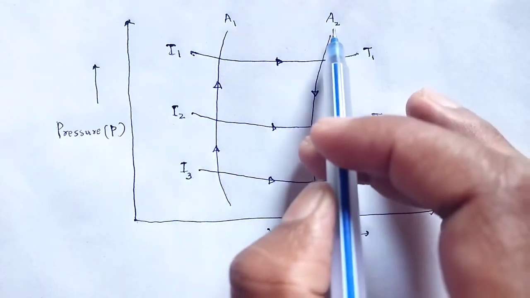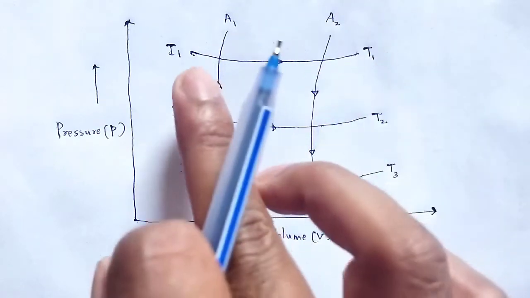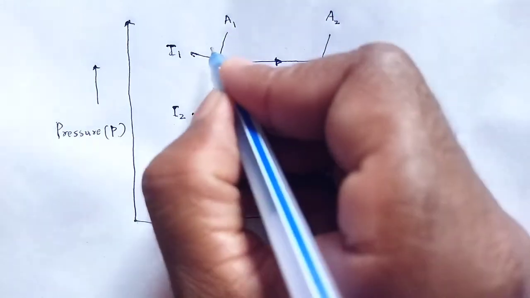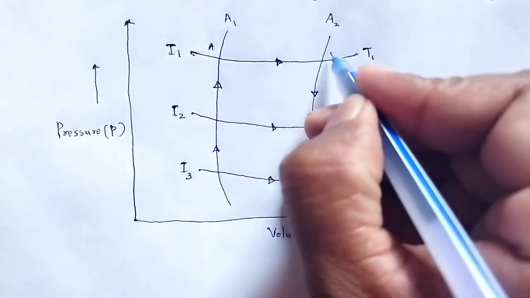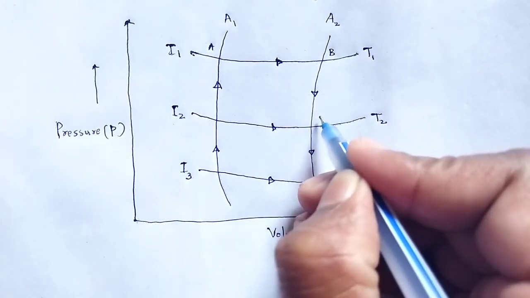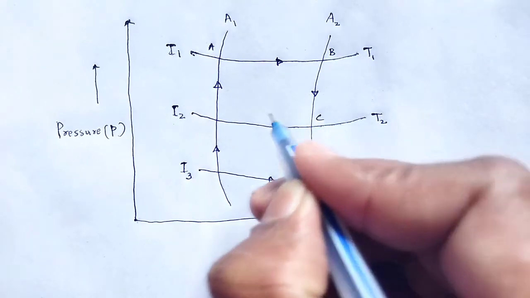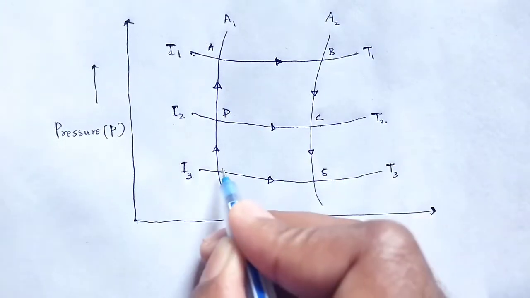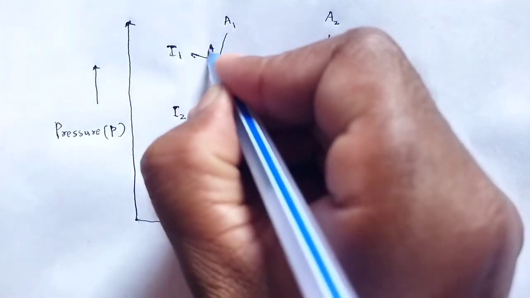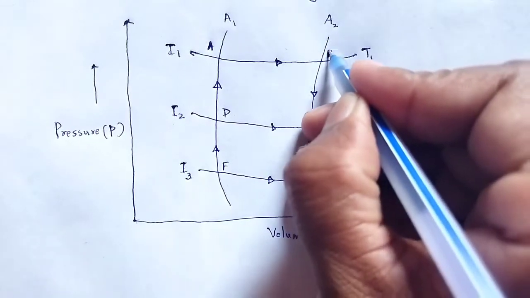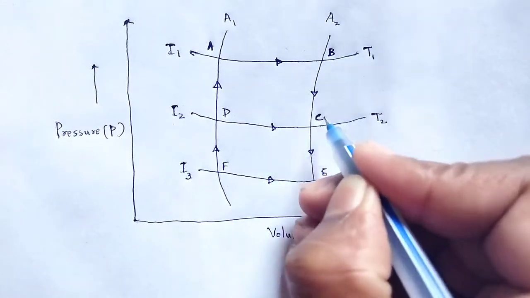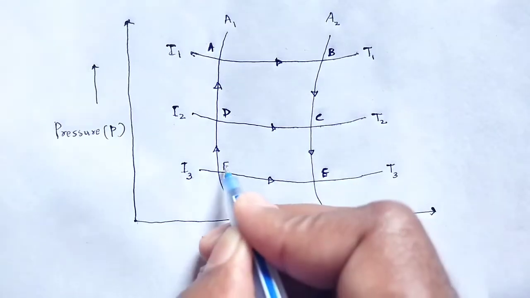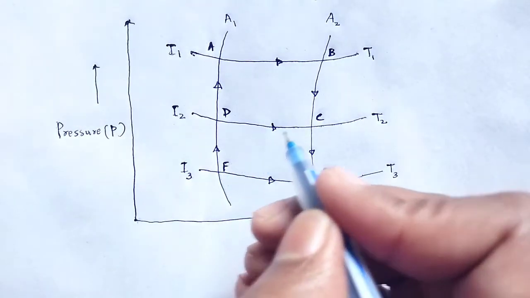These two adiabatics intersect the isothermals at the points A, B, C, D, E, F.